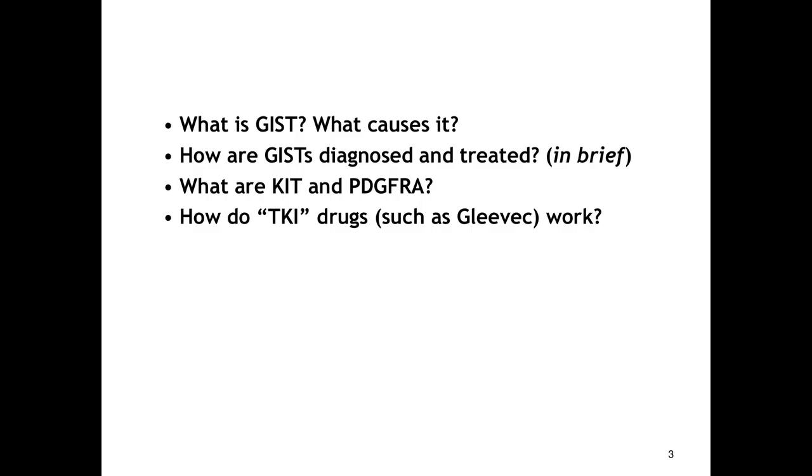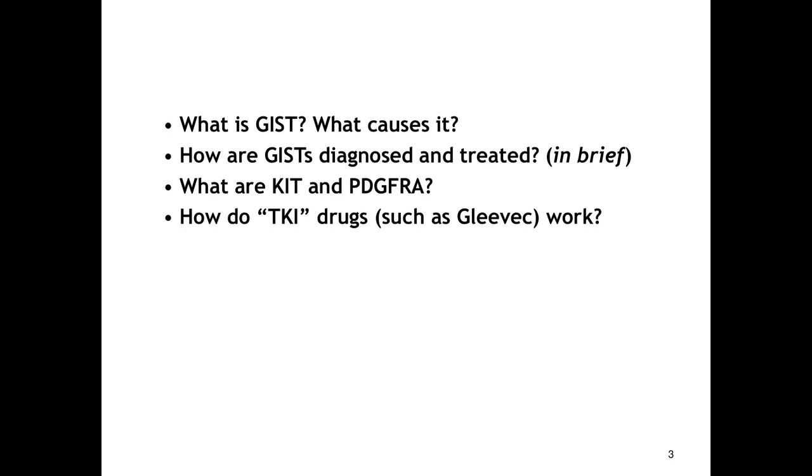So I want to talk about a variety of topics today related to the biology of GIST, a little bit about what GIST is as a disease and what causes it, the simple answer to that question being that we don't know. I'll say a little bit about the diagnosis and treatment of GIST. Then I want to turn to the underlying biology of GIST from a cellular and molecular point of view.